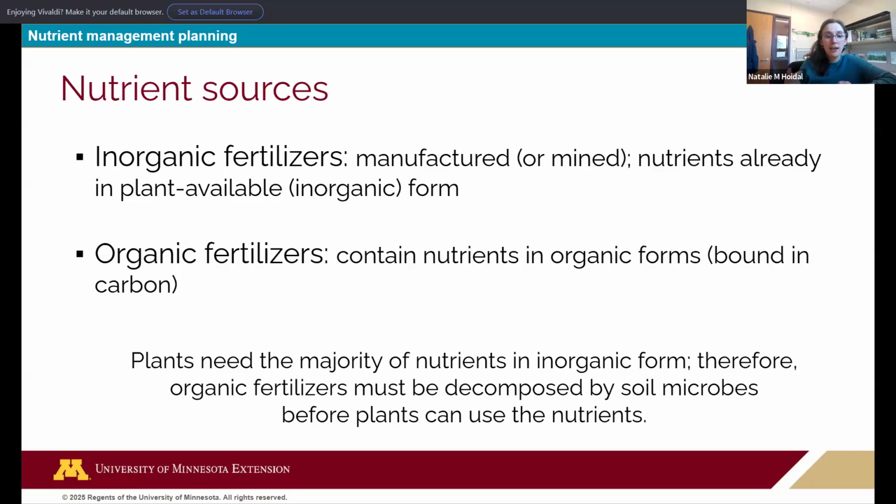In organic fertilizers, your nutrients are bound up in carbon, basically. So manure, compost, for example. Plants utilize nutrients in their inorganic form. For nitrogen, plants can access nitrate or ammonium, and they rely on microbes to break down the nitrogen that's bound up in manure or whatever else and turn it into those forms.